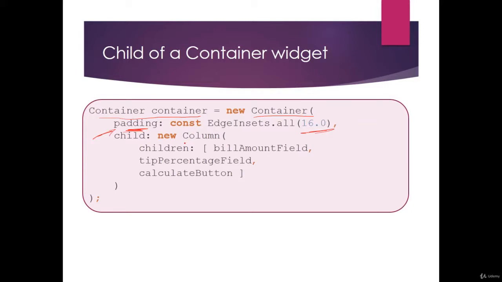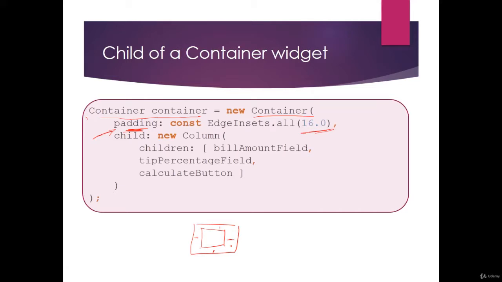Maybe you know what padding means from CSS or HTML. So we're going to have a little space. If we think that this is the app, we're going to have some space inside there. So this space is actually the padding.